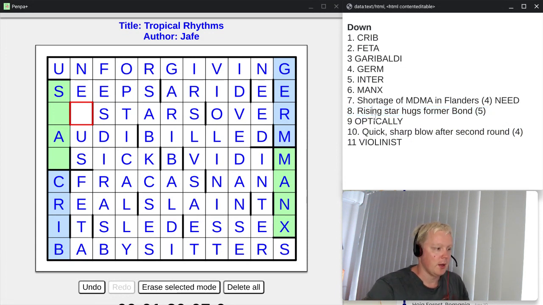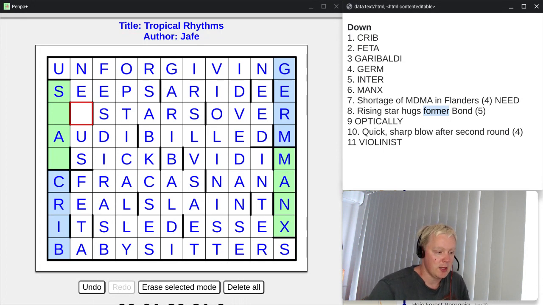So it's this one. Rising star hugs former bond. Now, former bond sounds like you might need the names of people who have played James Bond, but especially with this capitalized B here, but it's actually former.